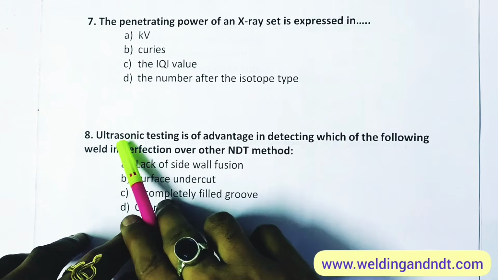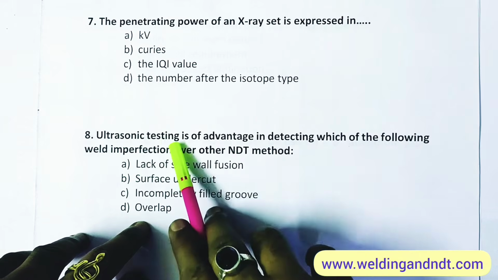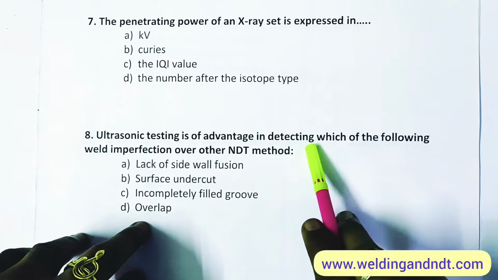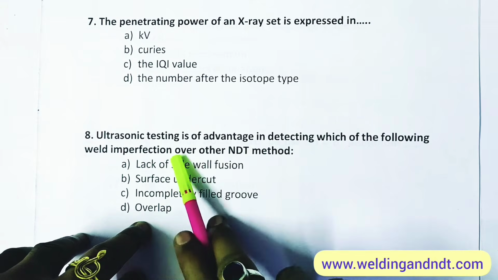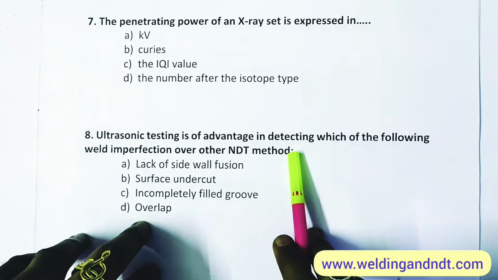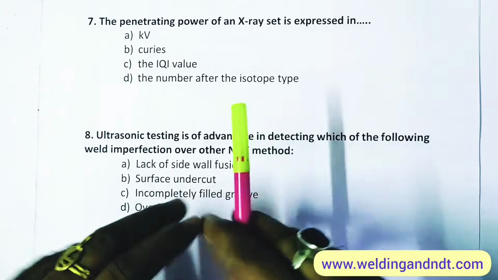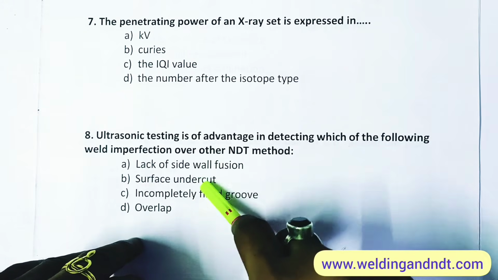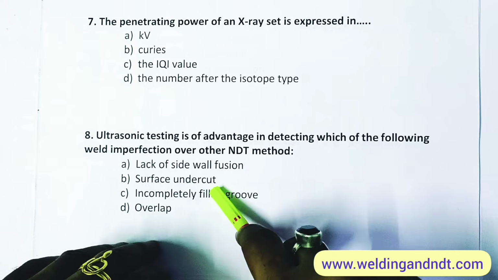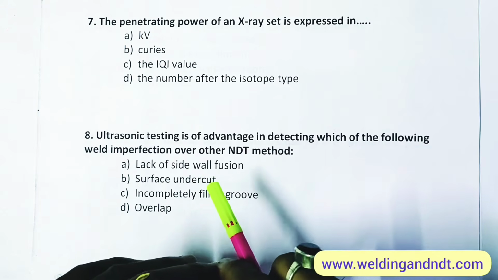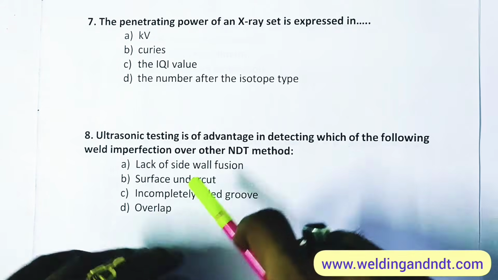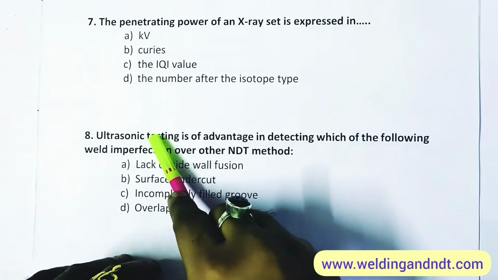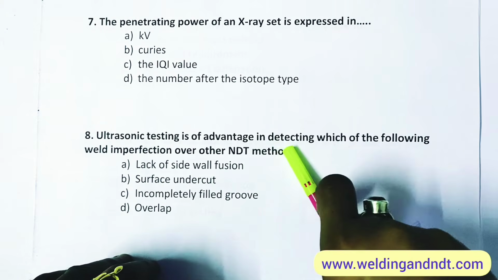Please read the question once again. This question is asking ultrasonic testing is of advantage in detecting which of the following weld imperfection over other NDT methods. Meaning comparing to all the NDT methods, in these options, which defect is more prominent, can be detected by ultrasonic testing if compared to other NDT methods.